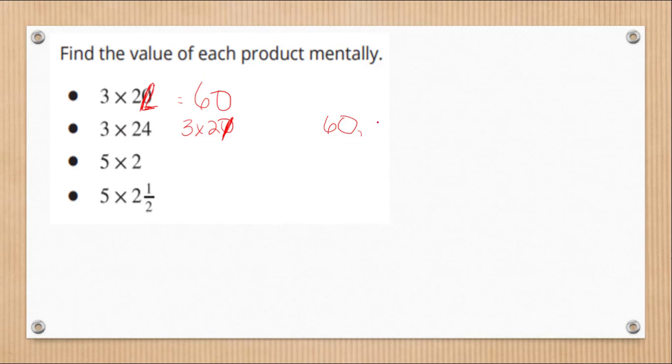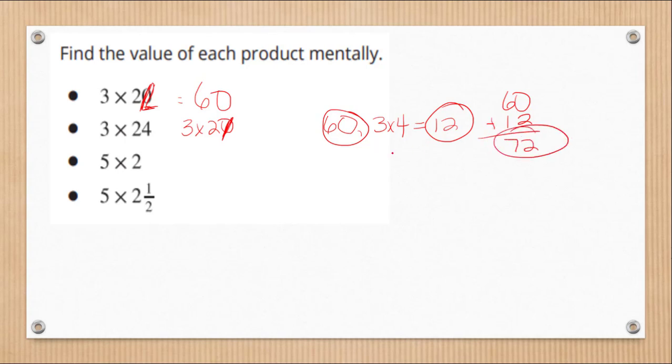And then we're going to do the 3 times the 4. 3 times 4 is what? 12. So I'm going to take the 12 and the 60, and I'm going to add those together. 60 plus my 12, that gives me 72.